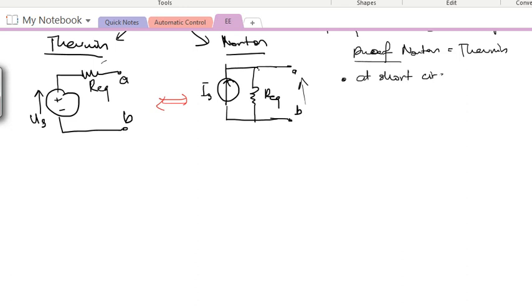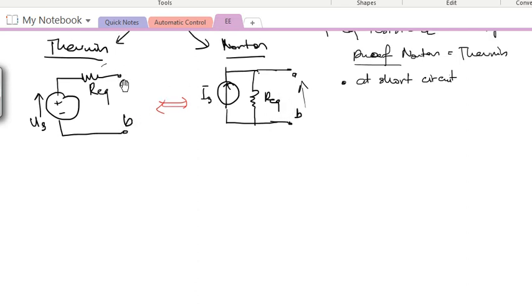What does it mean to test at the condition of short circuit? It means between point A and B, I'm going to short circuit A and B. Short circuit A and B means I just connect between A and B. There is no resistance in between it. Nothing consumes the power between A and B. A and B are the exact same point.